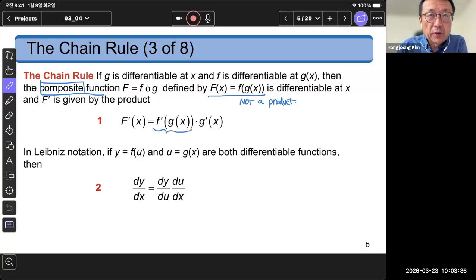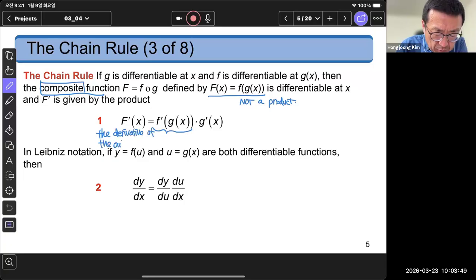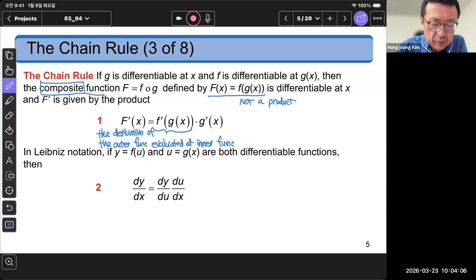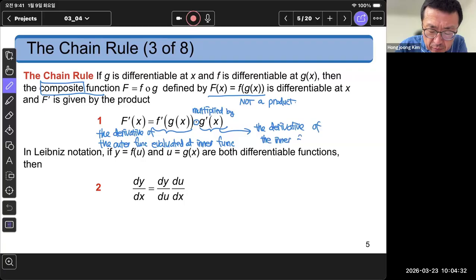You first differentiate the outer function, evaluated at the inner function, multiplied by the derivative of the inner function. Okay, so that is the chain rule.